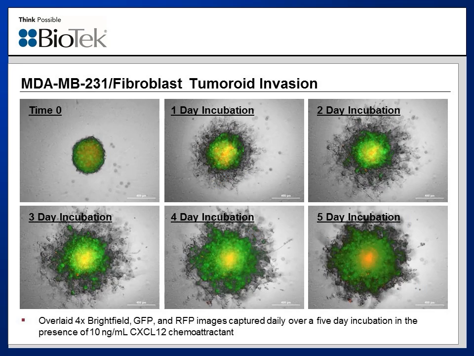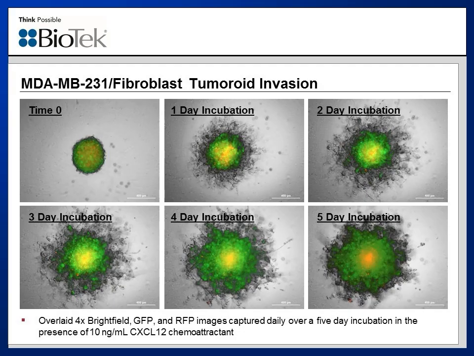Here in this slide, we see an example of what the tumor invasion process looks like over a 5-day incubation period. Imaging was conducted each day using a 4x objective of a tumoroid in a well containing the chemoattractant CXCL12 and no inhibitor.